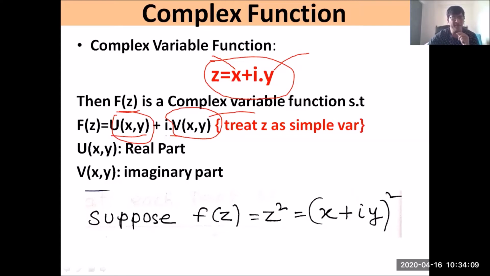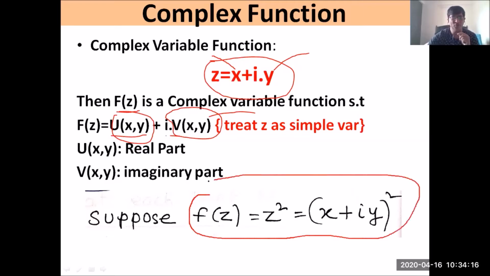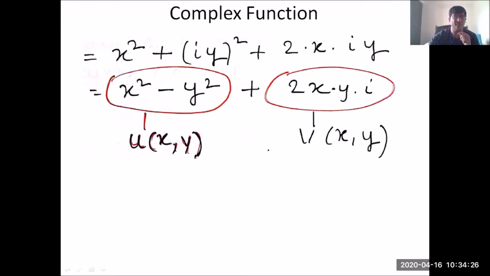For example, suppose we have a function defined as f(z) equal to z square. If we expand the definition of z, which is x plus iy, we can write it this way. After expanding it further, we get these terms, that is x square plus (iy) whole square plus 2x dot iy.